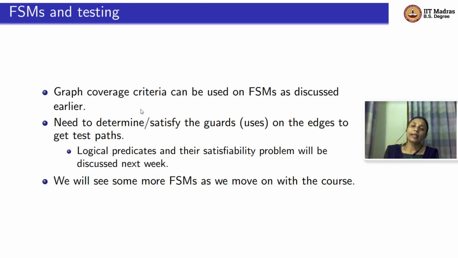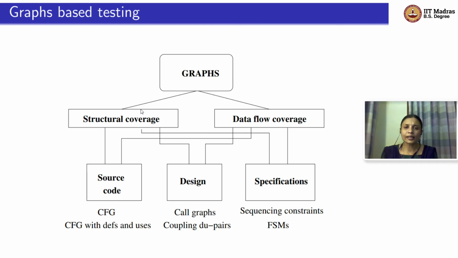Later in the course, we will have the opportunity to see more such finite state machine like graphs. So this is about the last lecture for now on graph based testing. We started with graphs, some basic graph algorithms. We broadly covered structural coverage and data flow coverage over source code, within a method, within a function or procedure, which was represented by control flow graph or control flow graph with data definitions and uses.